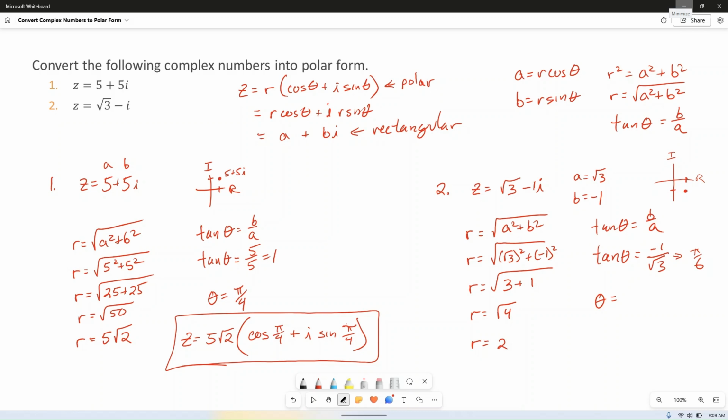I know it has to be a pi over 6 to get a 1 over root 3, and I know it has to be the pi over 6 in the fourth quadrant. And so theta has to be 11 pi over 6.